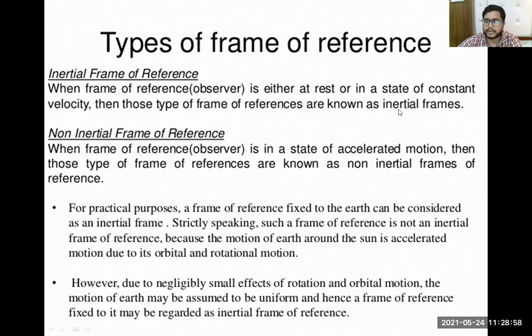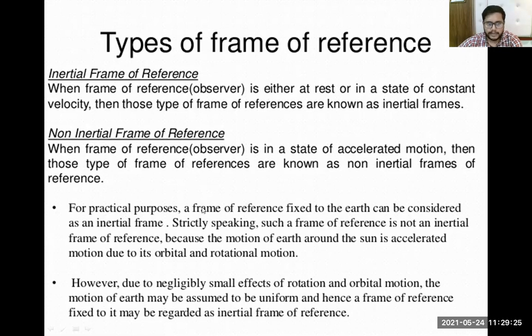What is a non-inertial frame of reference? When the frame of reference in which the observer is present is in accelerated motion, those types of frames are known as non-inertial frames of reference. If the frame of reference is accelerated, it is a non-inertial reference frame.